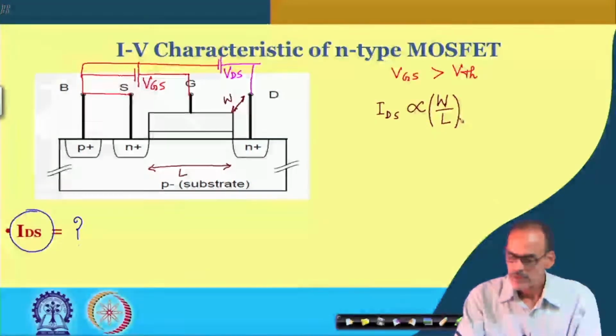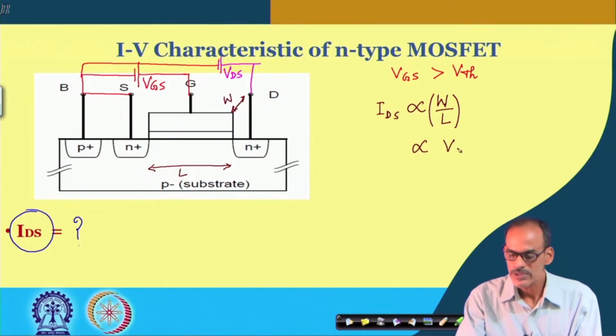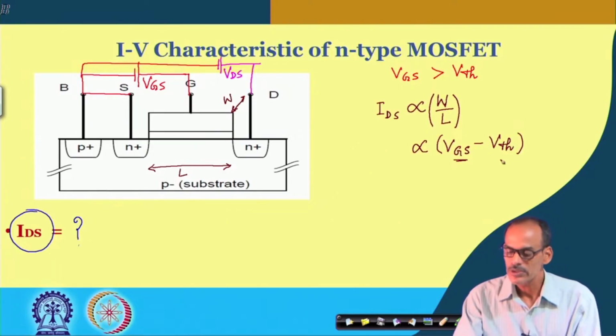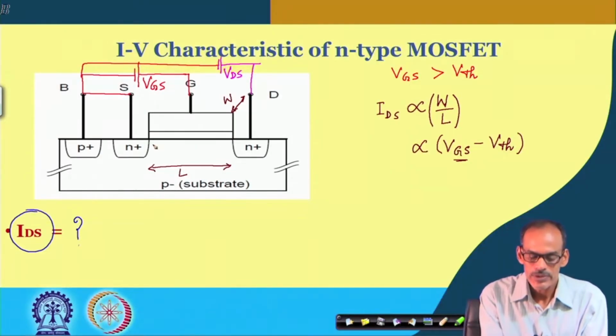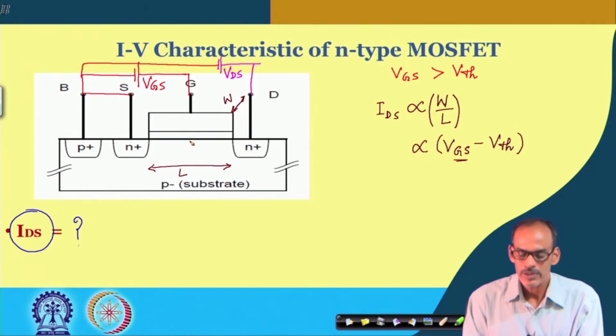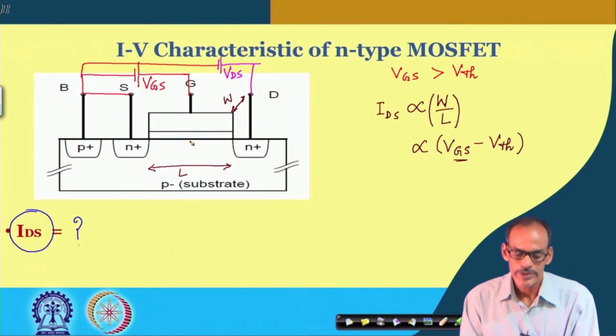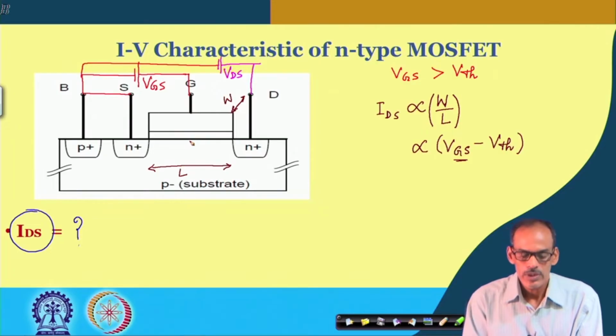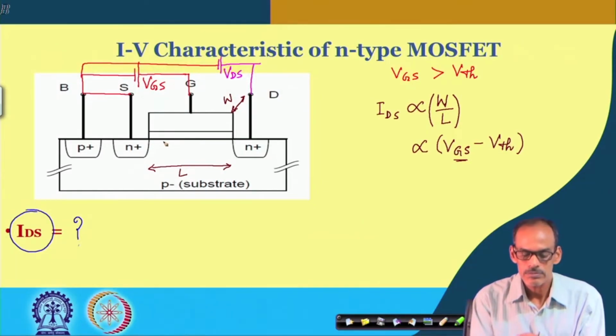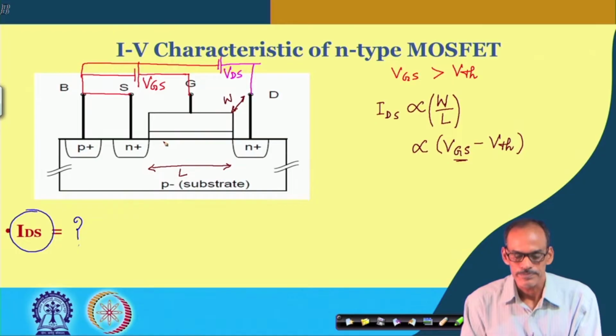Now, how about the other parameters? So, this will be proportional to the conductivity in the channel region, which is controlled by this VGS minus VTH, which means that whatever the excess voltage you have beyond the threshold voltage is effectively contributing to the conductivity, or it is helping to increase the conductivity in the channel.